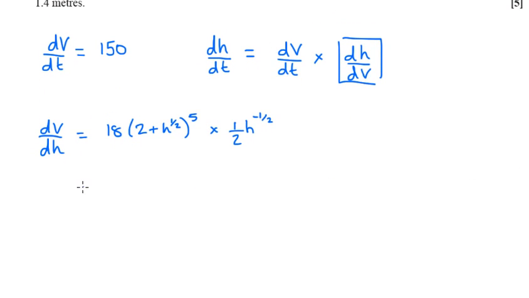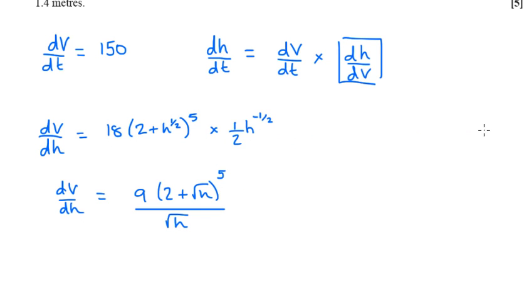So if we make that a little bit neater, dV by dH is going to be equal to 9 bracket 2 plus root H to the power of 5 divided by root H. H to the minus half is the same as 1 over root H. So that tells us that dH by dV is equal to root H divided by 9 bracket 2 plus root H to the power of 5.